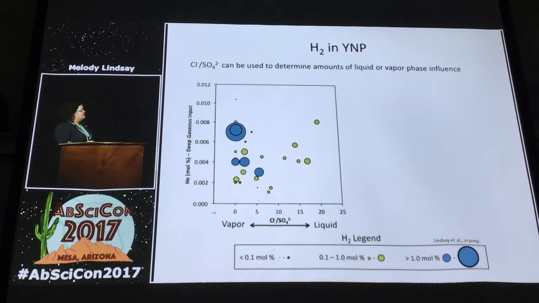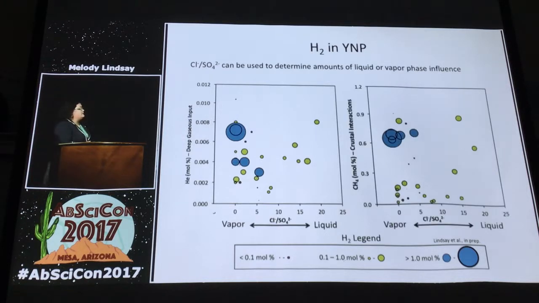Springs with liquid phase influence will be on the right side of the plot. And so we can see that springs with a low chloride to sulfate ratio, so a high amount of vapor phase influence, as well as high concentrations of methane, will also have high amounts of hydrogen, as indicated by the sizes of these bubbles again. And this trend holds true for methane as well.